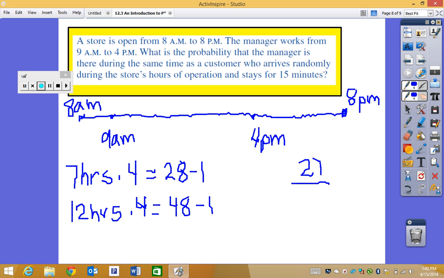So we're going to take 27 divided by 47, and the probability that the customer will come in and stay for 15 minutes while the manager is in the store is 0.574, which is approximately 57.4%.